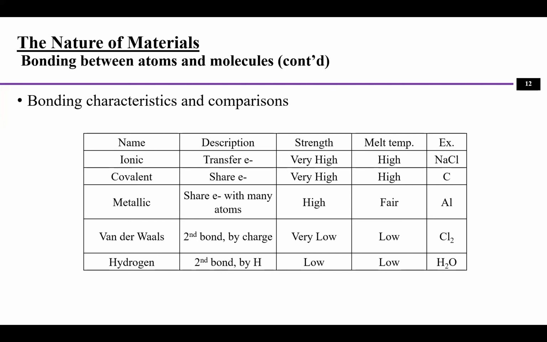Because all these primary bondings are very tight and have very high strengths, it's not easy to separate them, and that's why primary bonds tend to have a higher melting temperature, while secondary bondings typically have lower melting temperature. And here are some examples of materials.